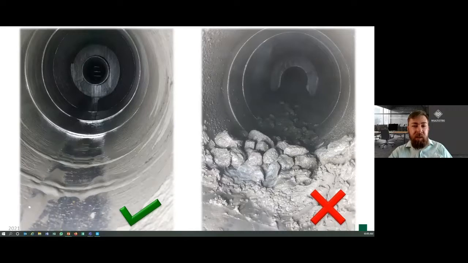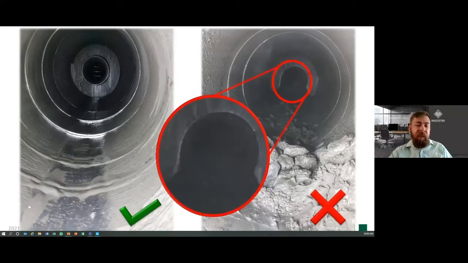So cleaning out this cyclone is terrible, and it's not very nice to do. Just to give you an indication, there I zoom in a little bit on your vortex finder, and you can see even up to the vortex finder, there's a lot of medium that is basically going to be cemented in that vortex finder.